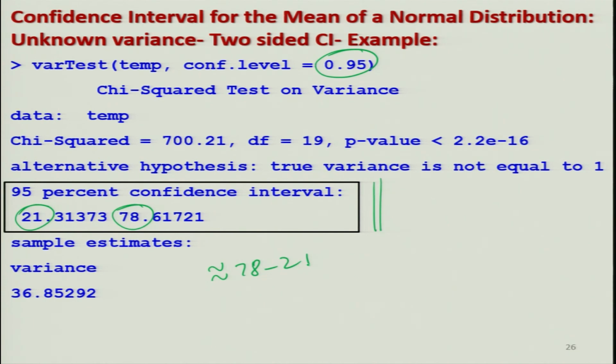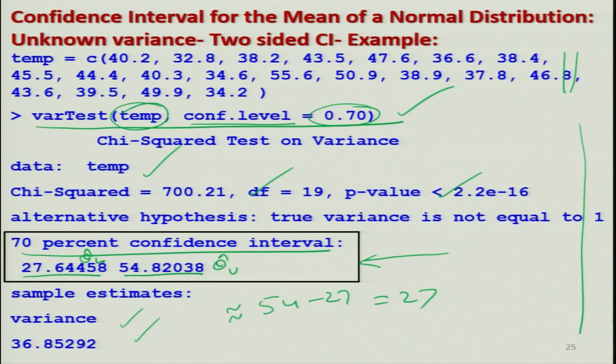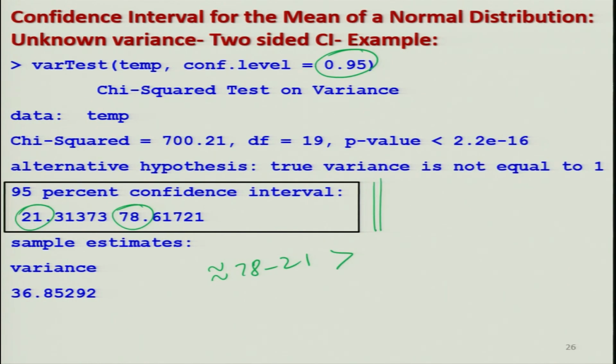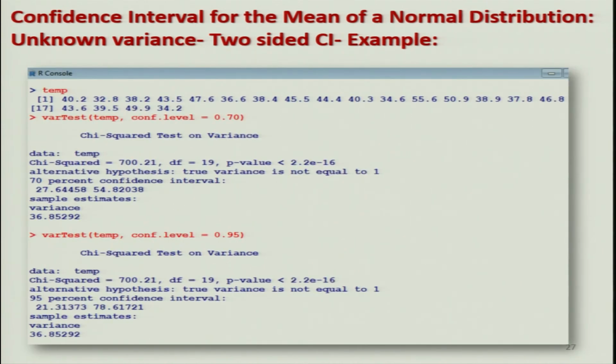Now you can see this is greater than the length you obtained when your confidence level is 70%. If you recall, in the last lecture when we introduced the concept of confidence interval, we had talked about it, right. So, these are outcomes of the same program, but now my choice will be to show you these things on the R console.